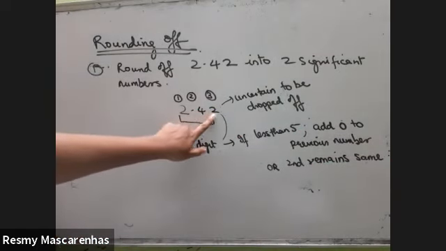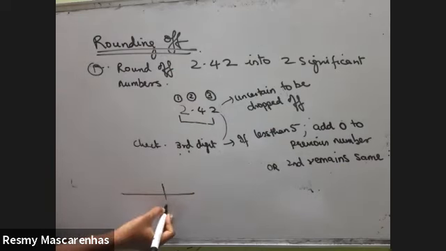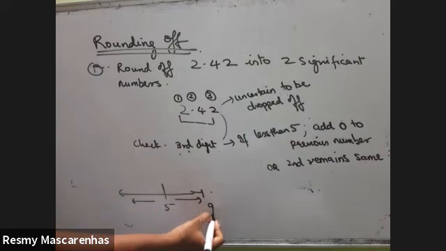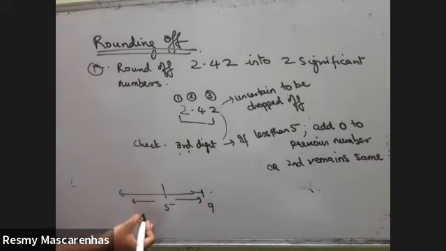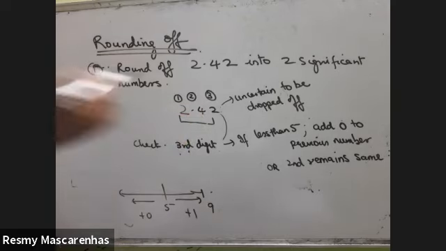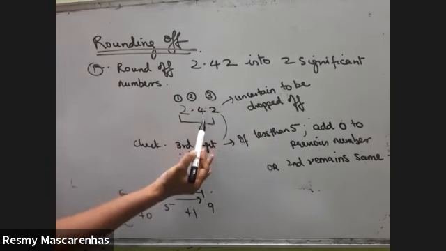We will always have a scale like this. Middle will be 5, and it goes up till 9. If it's on this side, you have to add plus 0. If the number is more than 5, you have to add plus 1 to the previous one. But now the number is less than 5, so add 0 to this, which basically means keep it as 4 only.